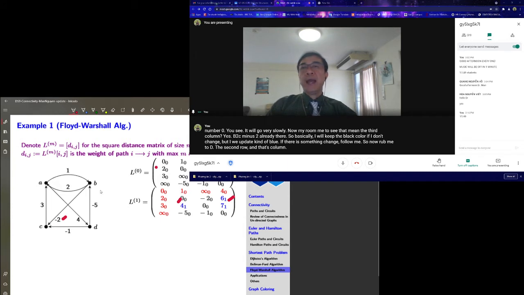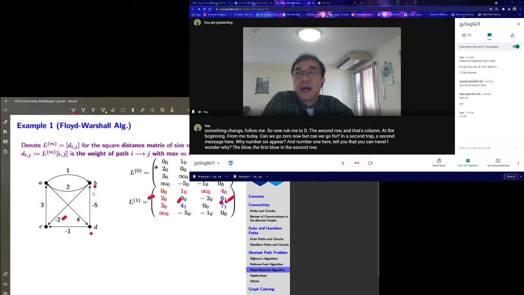At the beginning, from B to D, can we go? No, but in the second matrix here, why does number 6 appear, and number 1 here tells you that you can travel? I wonder why. The first blue in the second row, number 6. Why is that? I'm wondering.